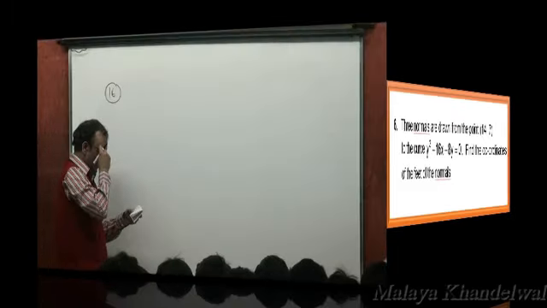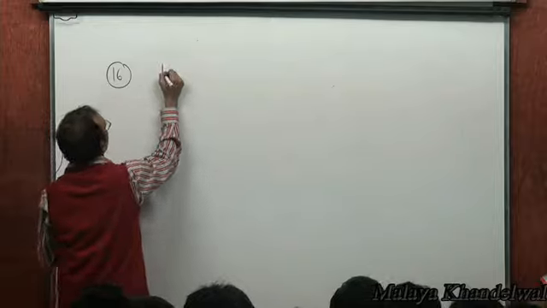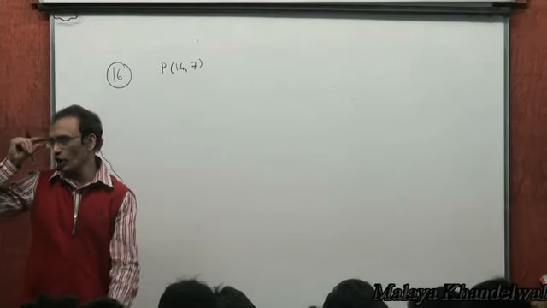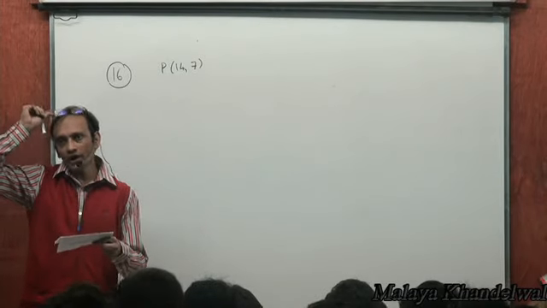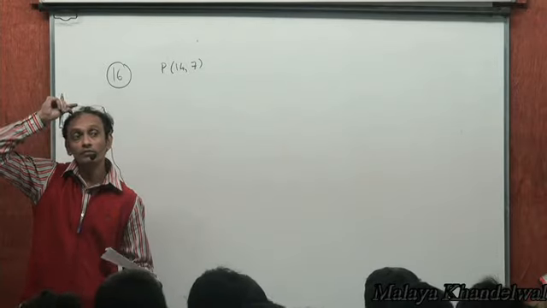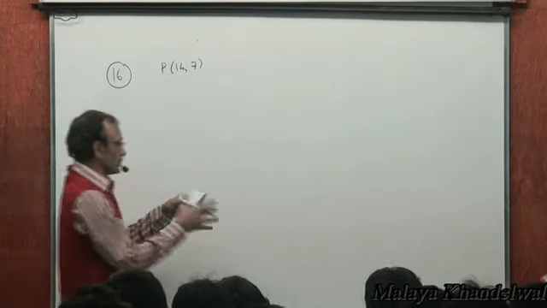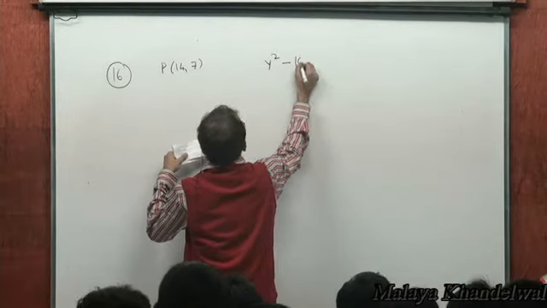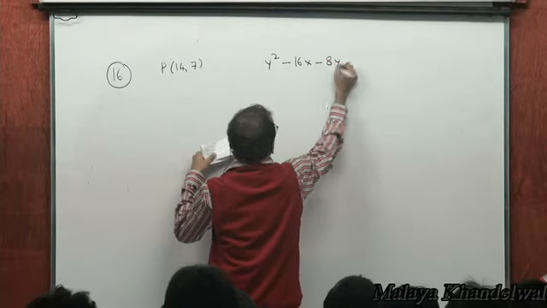In problem 6, we have a point P (14, 7), and from this point, in general, from any point, 3 normals could be drawn to a parabola, right? And the parabola to which the normals are drawn is y squared minus 16x minus 8y equal to 0.